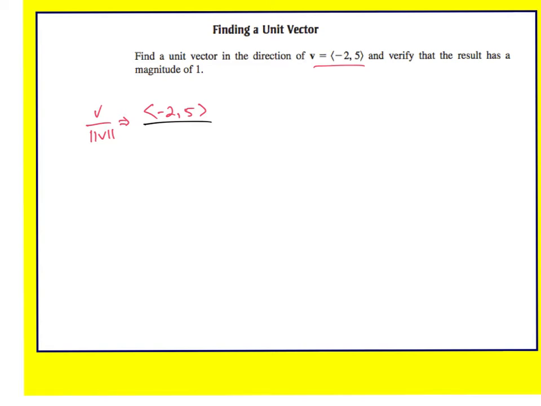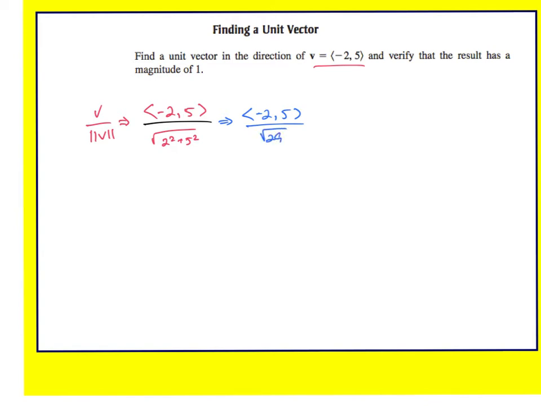The distance formula. So we have the square root of 2 squared plus 5 squared. 2 squared is 4, 5 squared is 25. We add them together and get the square root of 29. So our last step is we have <-2, 5> inside my angle brackets over the square root of 29.